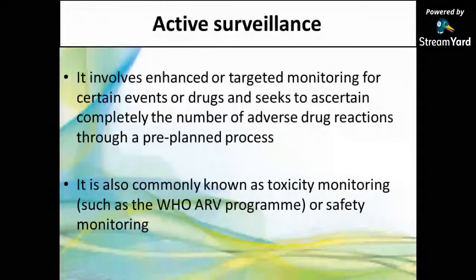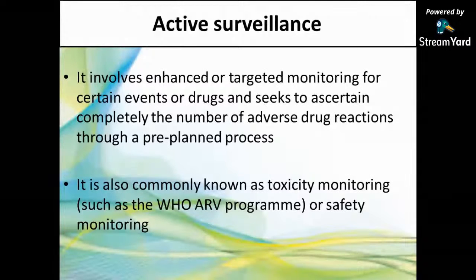But again, the disadvantage of active surveillance is that you are targeting a very small population. So regarding the cost, it will require more cost. And passive surveillance is a cost effective process. So today we have covered the two major pharmacovigilance methods, passive surveillance and active surveillance. The remaining methods we can see in the next session.